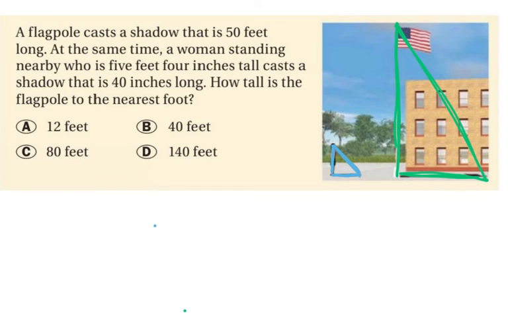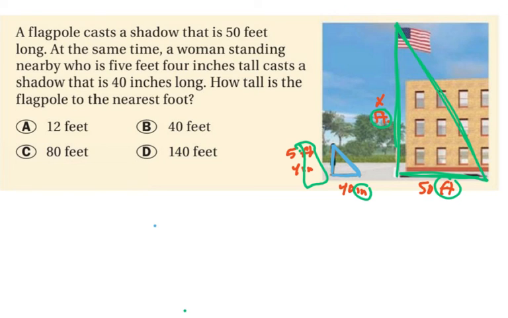So, we know the shadow on this thing is 50 feet. We know the woman has a shadow that is 40 inches, and she is 5'4". And we want to find out how many feet tall this flagpole is. Now, here's the thing. Feet matching with feet, fine.